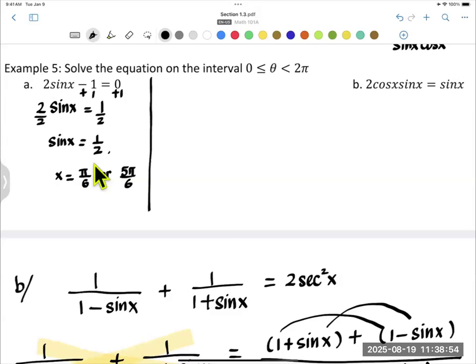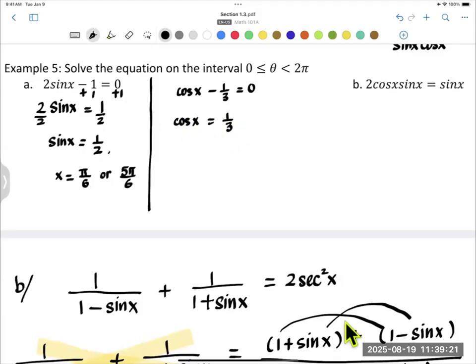So let's take a look at another one. Let's say I have cosine x minus 1/3 equals 0. Then yes, we're going to isolate, so cosine x equals 1/3. Then we have to ask ourselves, what angle when we take cosine will give you 1/3?